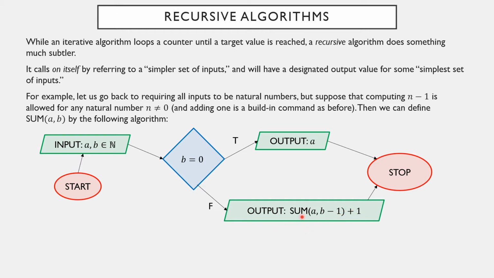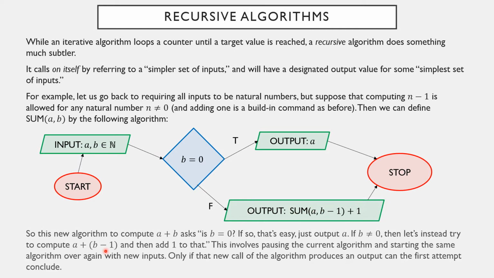But what we're saying is adding 0, that's easy. Adding something other than 0 can be reduced to attempting a different addition with an extra plus 1. So all we have to do is check, are we adding 0? If so, output a.